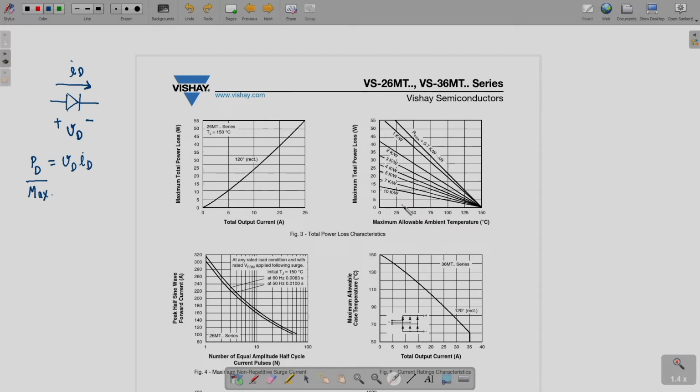Then your maximum total power loss versus ambient temperature. So, that you can see here that is coming down over here. It is decreasing as ambient temperature is increasing, and that is also what you expect, that as temperatures are going to increase, the amount of power dissipation that will be allowed will be decreasing. And there are several different curves over here which are provided. But you can see that this sink to ambient thermal resistance is mentioned over here.